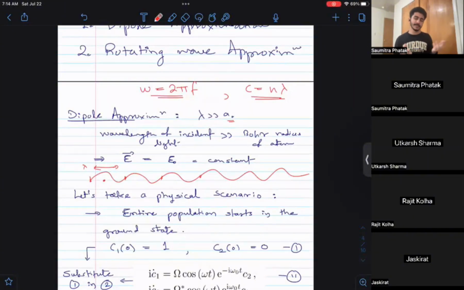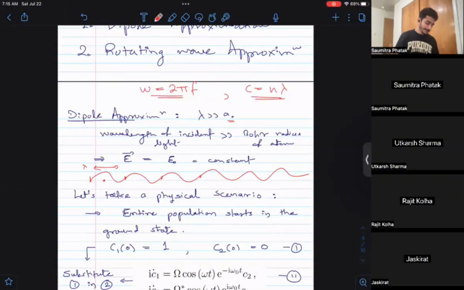The wavelength of the incident light, which is the spatial extent of your source, is much more than the Bohr radius, basically the spatial extent of the atom. So the atom is much smaller in size compared to the wavelength, the spatial extent of the laser.